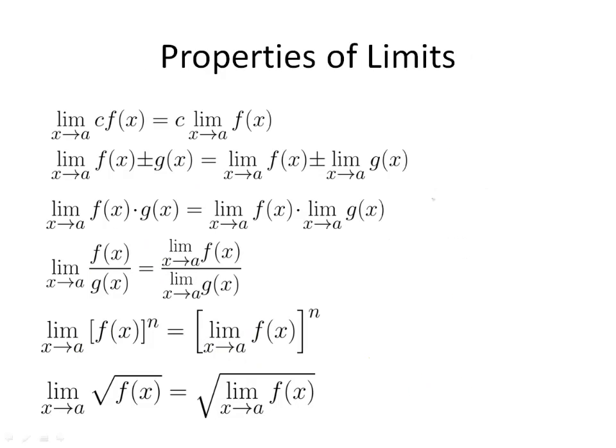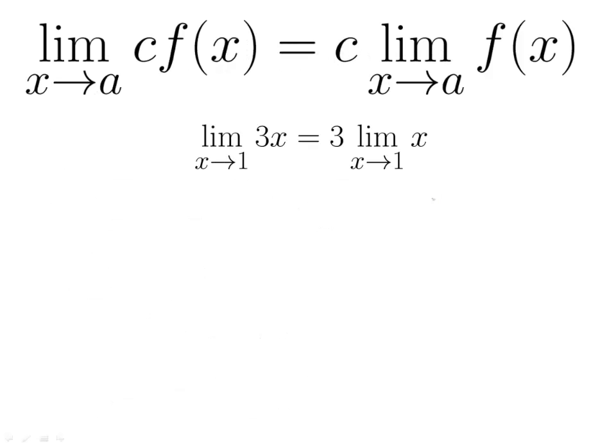So here are some properties of limits. The first one: the limit of a constant multiplied by a function is equal to that constant multiplied by the limit itself. For example, in this case, the limit as x approaches 1 of 3x, well, we can plug it right in. So we're going to get 3 times 1.